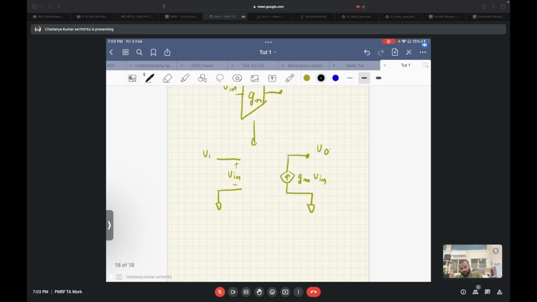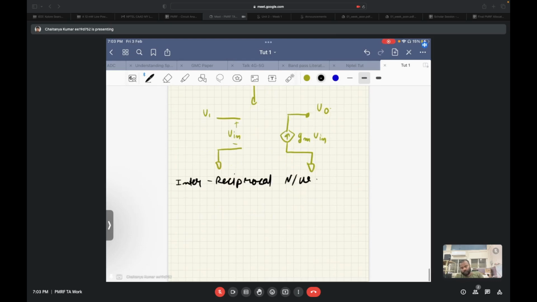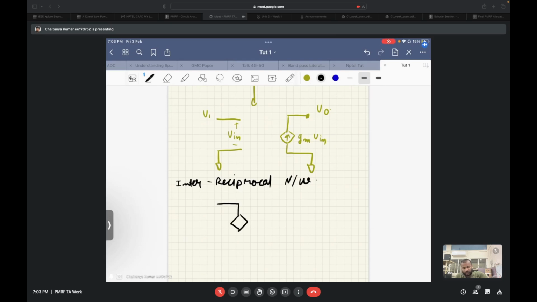Now its inter-reciprocity, how will it look? So we will look at the inter-reciprocal network as well. So that will look as the following. For a VCCS, we again have a VCCS in the inter-reciprocal network as well.